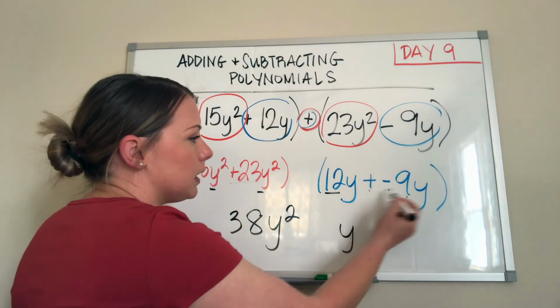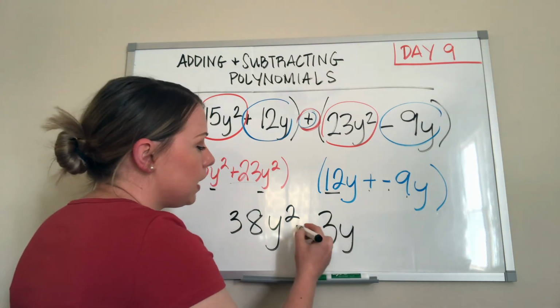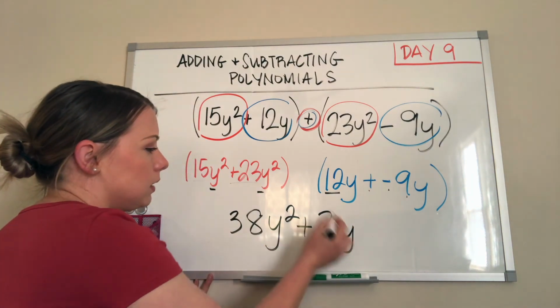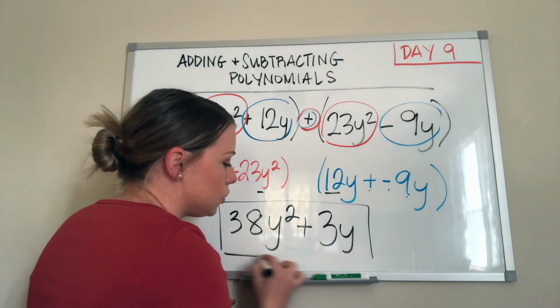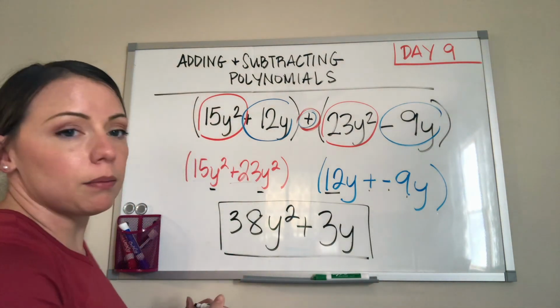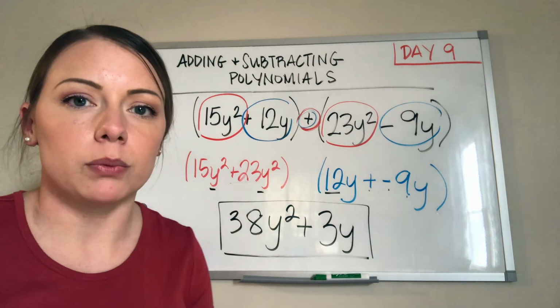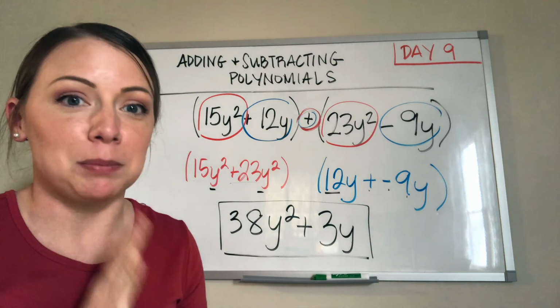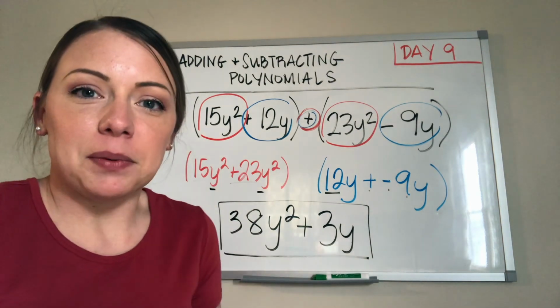So remember, plus a negative means you actually subtract them, and it's positive. So that positive is reflected here. When I added those two polynomials together, my answer was 38y squared plus 3y, not squared, plus 3y. All right, pretty simple, right?